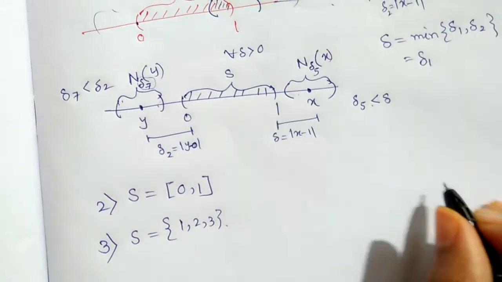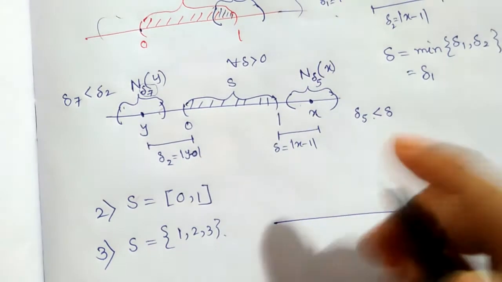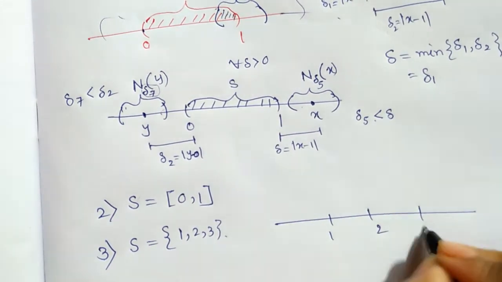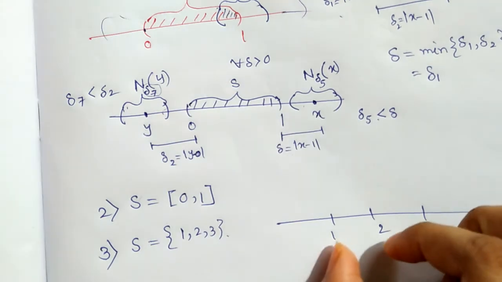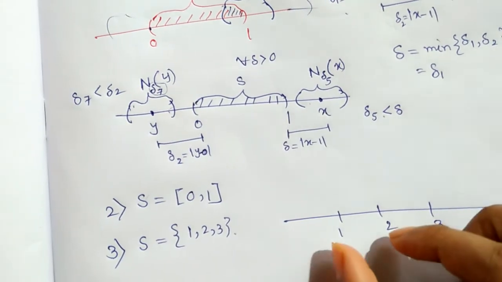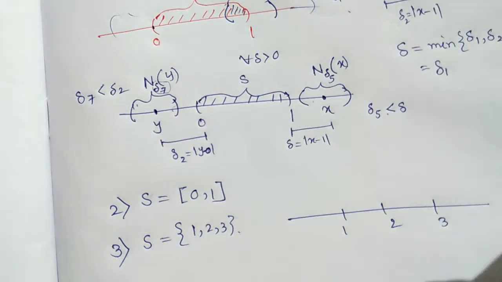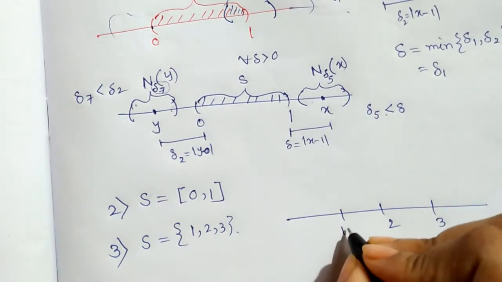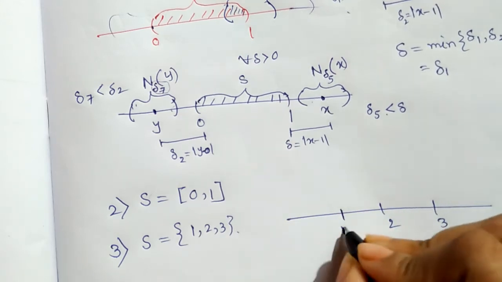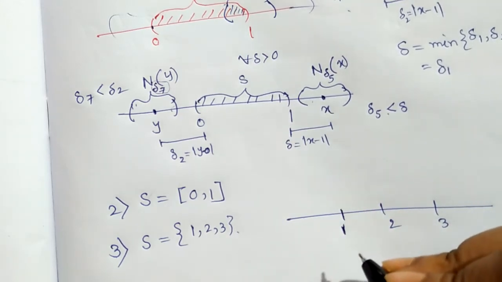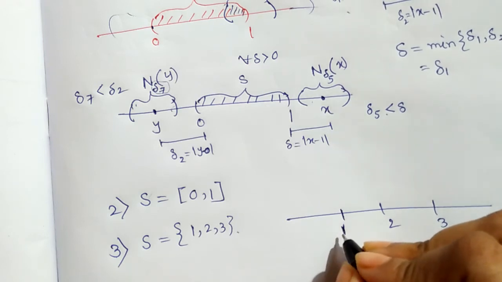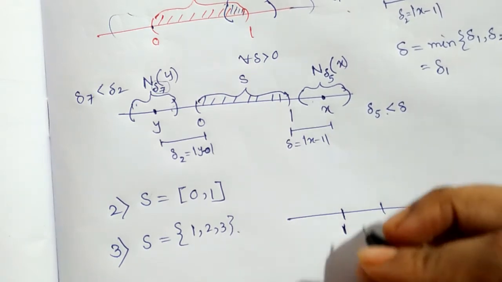Our next example is if S is a finite set {1, 2, 3}, a set consisting of 3 elements. Then what happens? Suppose this is 1, 2 and 3, and the distance between 1 and 2 is 1, and between 2 and 3 is 1. Suppose we are checking whether 1 is a limit point of S or not.